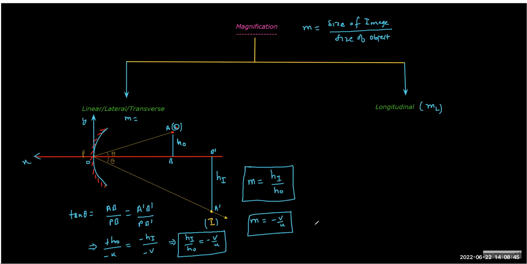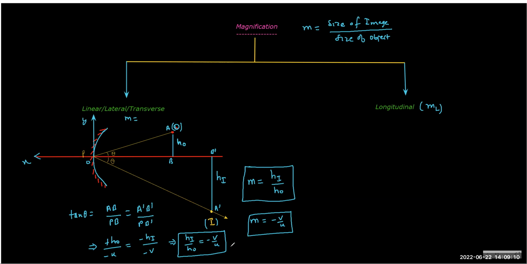So for a mirror, it's very easy to derive. If you forget, you can just draw this similar triangle quickly and get the answer. Always learn the derivation, not just the formula. Try to understand what we are doing here and what we take care of while deriving, like sign convention and so on. So magnification becomes minus V by U. M is HI by H naught.